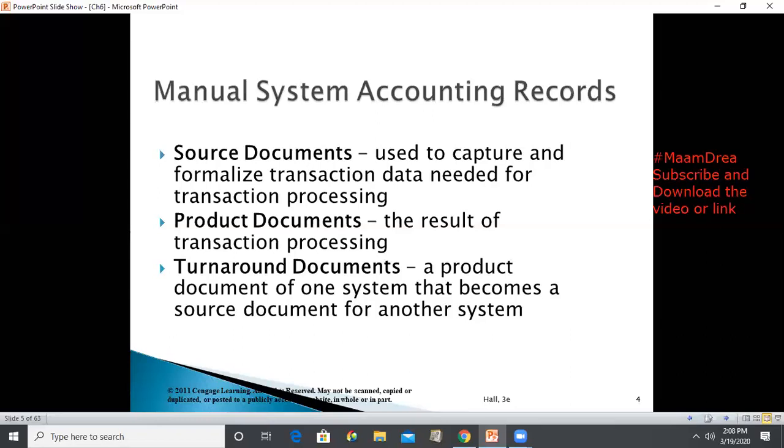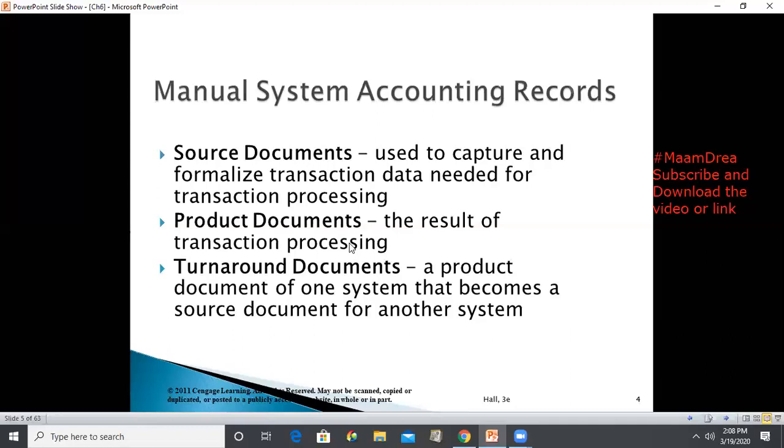Mostly this is copied and entered in our sales system, such as our billing, our shipping, and the AR. The source document, like the sales order, triggers specific activities in each of these departments.